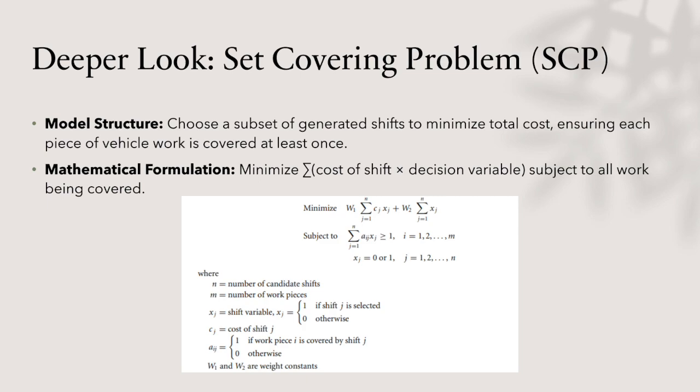The constraint is simple yet powerful. Every piece of work must be covered. Understanding this formulation helps connect driver scheduling to broader fields like combinatorial optimization and operations research. You can take a look at the mathematical formulations being used.